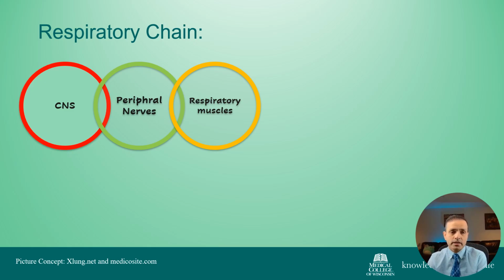Remember, carbon dioxide is more soluble than oxygen, so anything wrong with the respiratory membrane is going to make the oxygen low. If the carbon dioxide is high, the defect is not in the respiratory membrane. The defect is higher up, and it happens to be the central nervous system, peripheral nerve, or respiratory muscles.